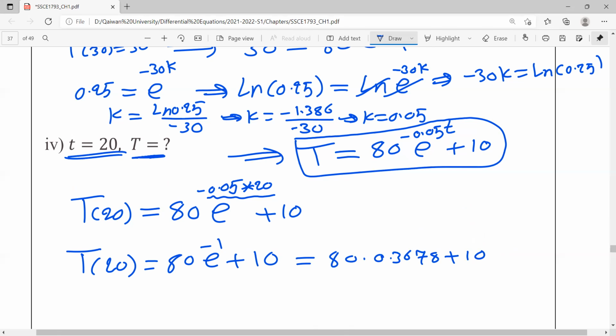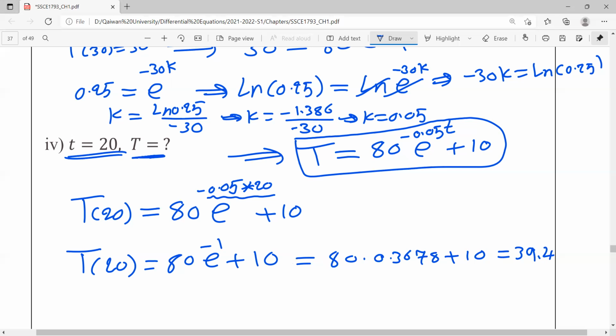We multiply it by 80, then add 10. Multiplying by 80, we get 29.4. That's 29.4 plus 10, which is 39.4.